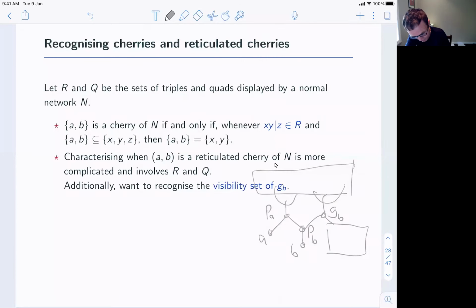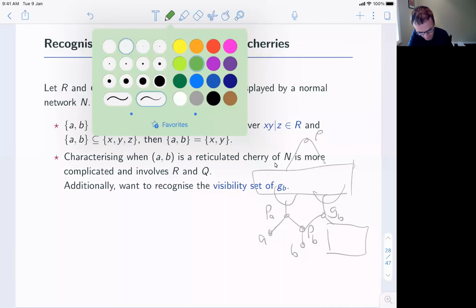So schematically, my normal network looks like that. The square boxes, I've got no idea what's in there at all. But if AB is a reticulated cherry, locally it looks like that. And G of B will stand for the grandparent of B, if you like. That's not PA; that's where the G comes from. So what's the visibility set of G of B?